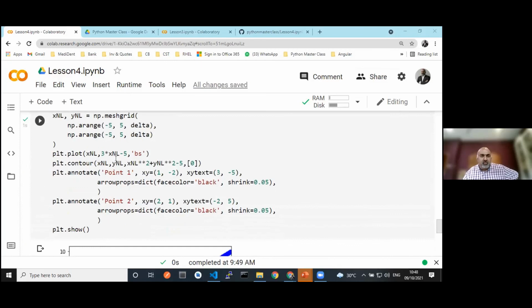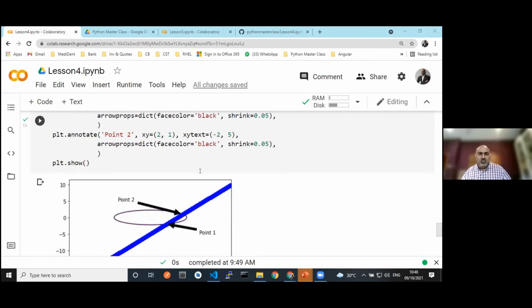Okay, so you can see that I've actually written the equations here as well. So I'm plotting x, and this is my x value, and this is my y value. Okay, this is one plot, and then I have another plot that is happening here, which is the circular plot, which I'm using contour to draw.